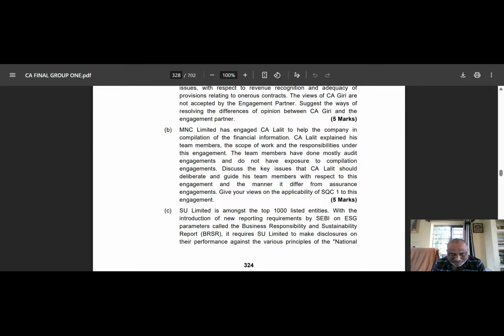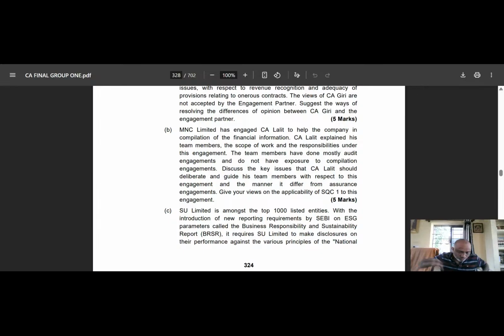CA Lalit explained to his team members the scope of the work and responsibilities under this engagement. The team members have done mostly audit engagements and do not have exposure to compliance engagements. Discuss the key issues that CA Lalit should deliberate and guide his team members with respect to this engagement and the manner it differs from the assurance engagement. Give your view on the applicability of SQC1 to this engagement.